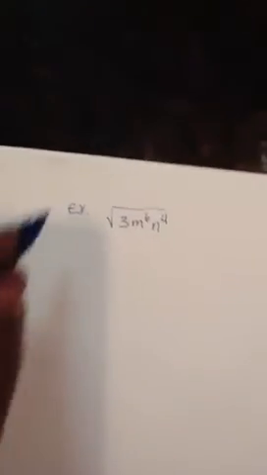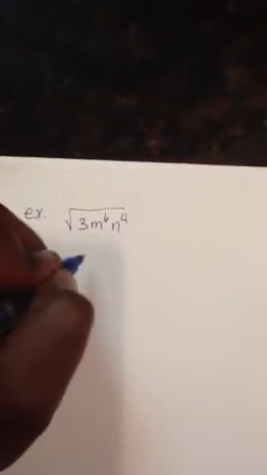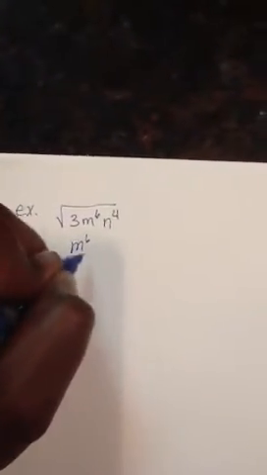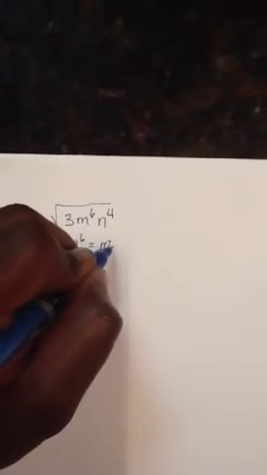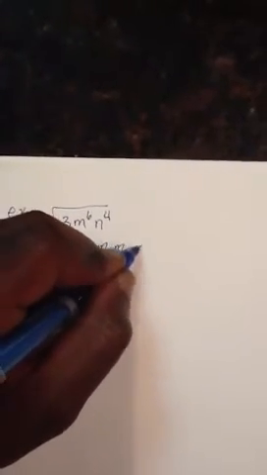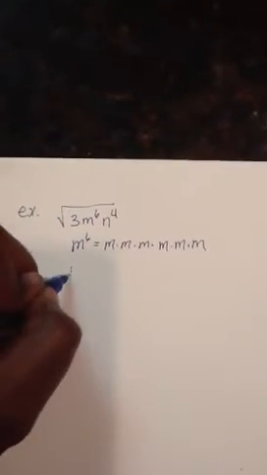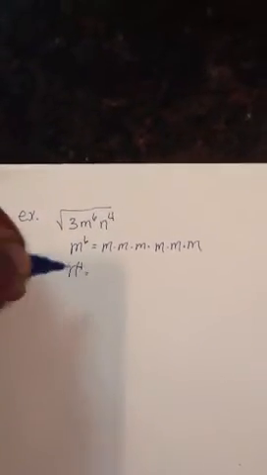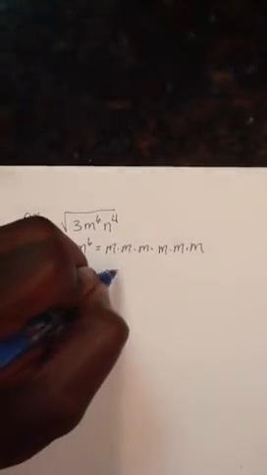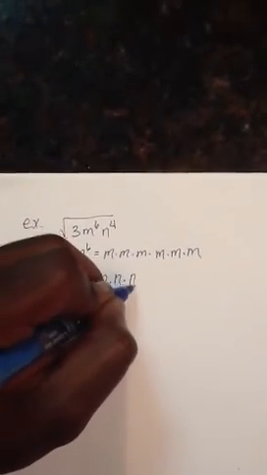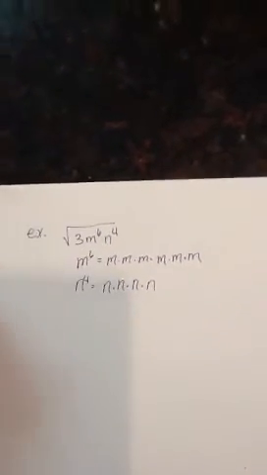For example, m to the 6th can be rewritten as m times m times m times m times m times m, 6 m's. And n to the 4th can be rewritten as n times n times n times n.